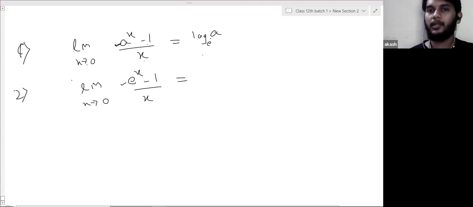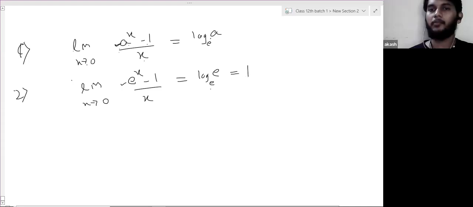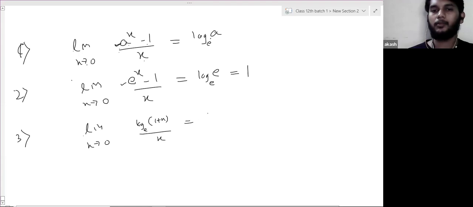So if this is log a, then this will be log e. Yes or no? Yes, sir. There's no difference, just the constant is changed. And this answer is 1, right? Log e base e is 1. Limit x tending to 0, log 1 plus x base e upon x is also 1. Note it down.